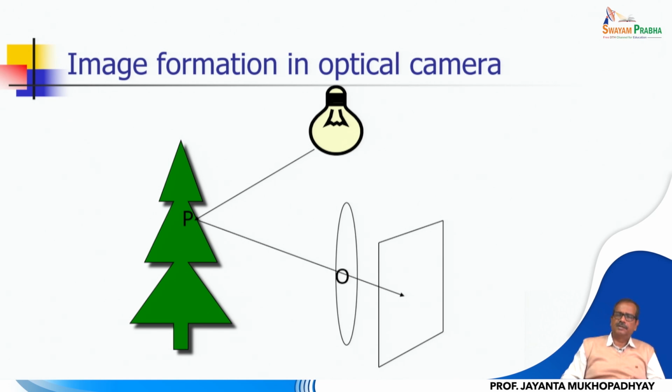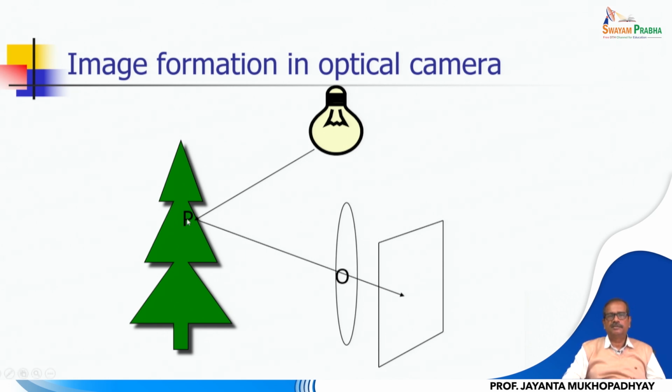As you know from school physics, the center of the lens is the point where every ray passes through undeviated. That is what I am showing here.